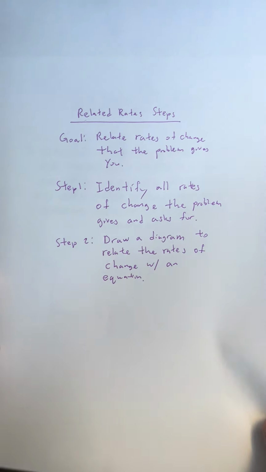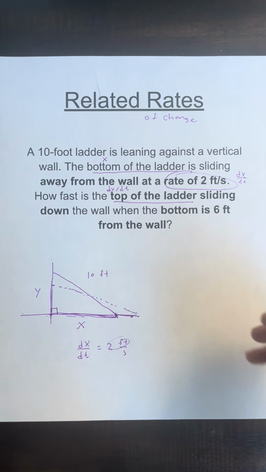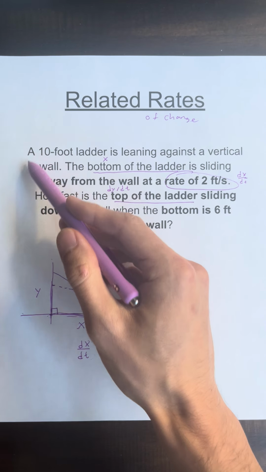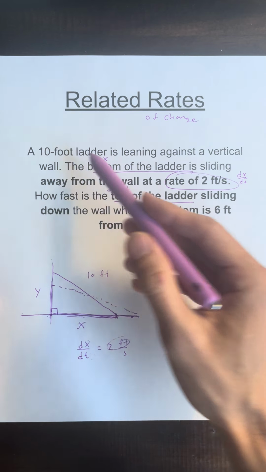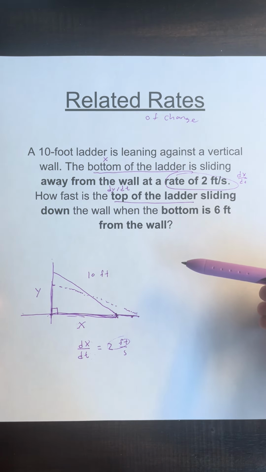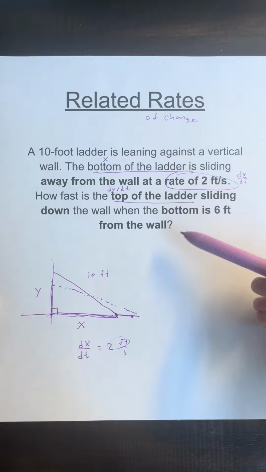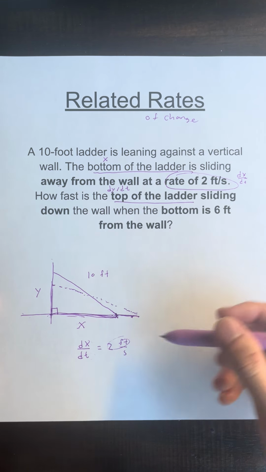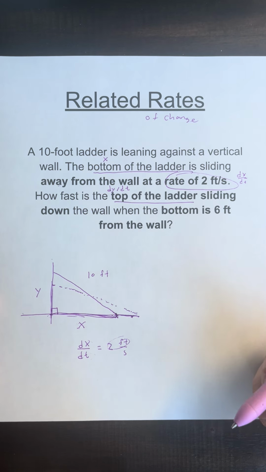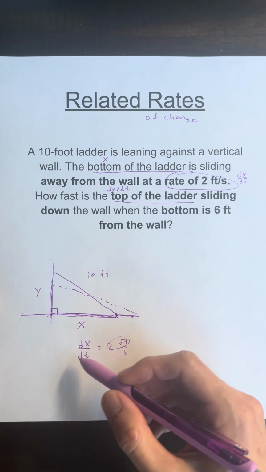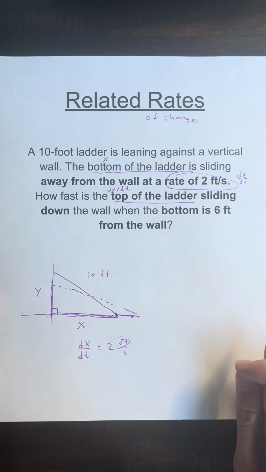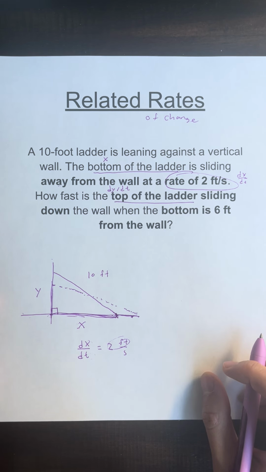Right? Like with math, you want to convert words into equations because in math, equations are easier to work with. And that's what we're trying to do here with the diagram. We already did some of it here. We already figured out dx dt is 2 feet per second.